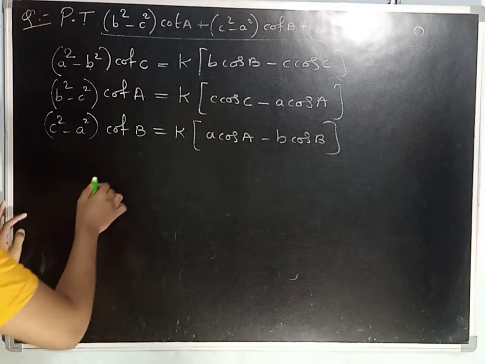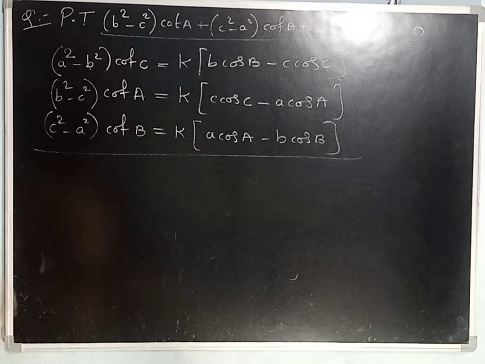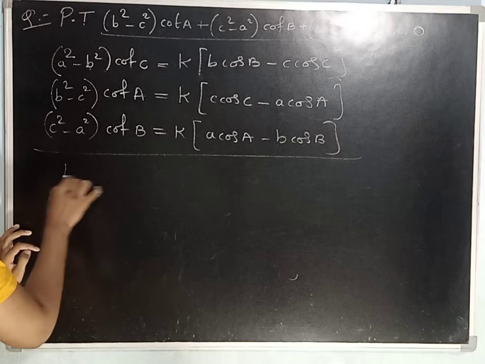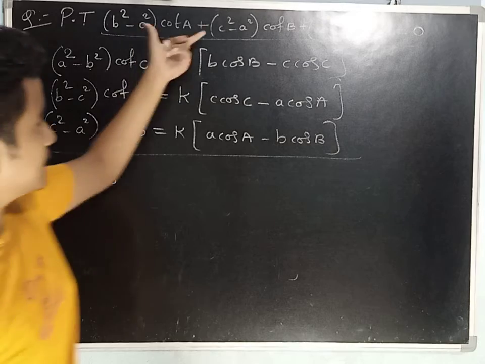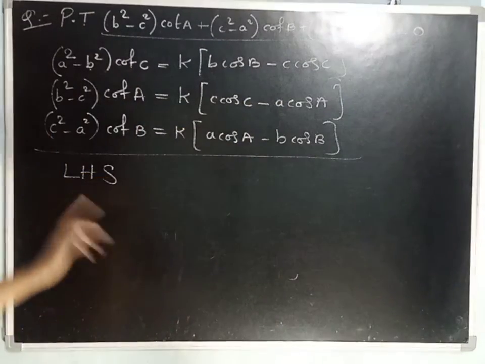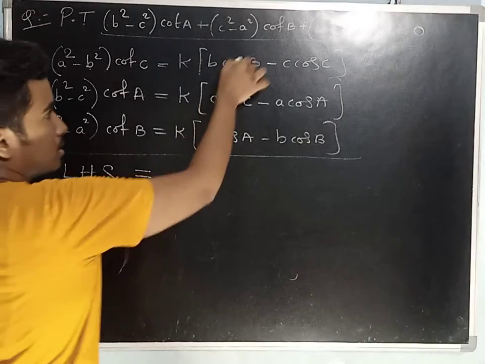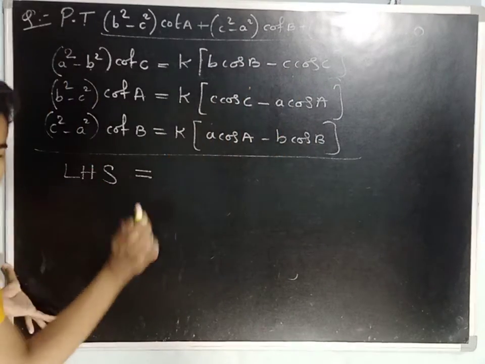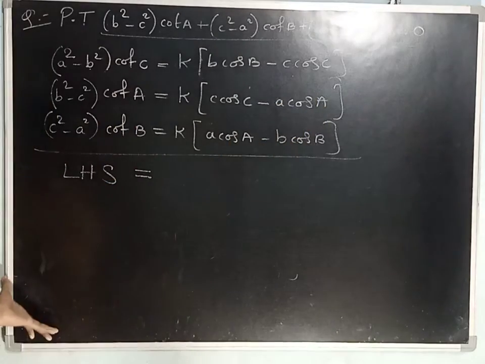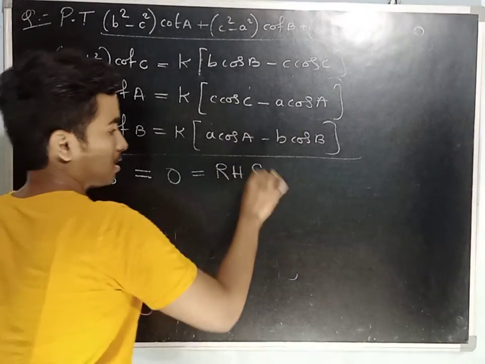What I will do is add these three things so that I get the LHS. LHS is equal to k into b cos b, and b cos b gets cancelled, c cos c gets cancelled, a cos a gets cancelled. It's nothing but 0, which is nothing but the RHS.